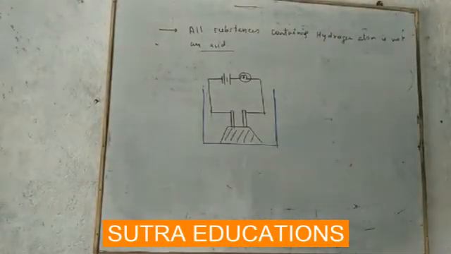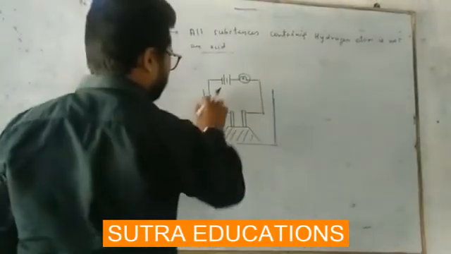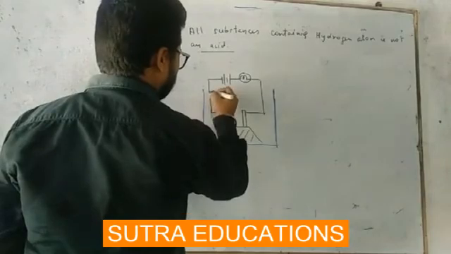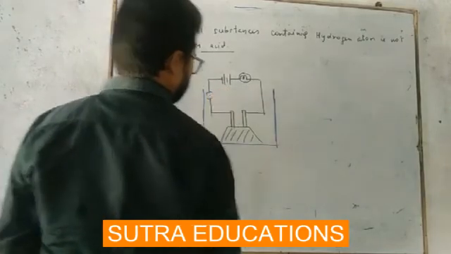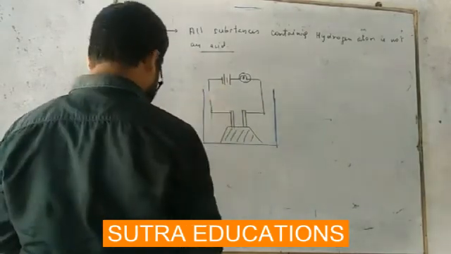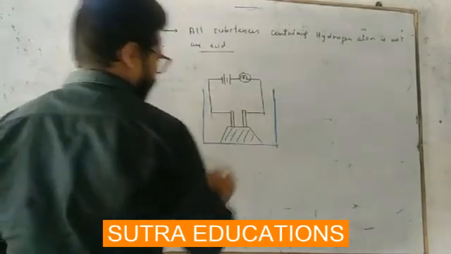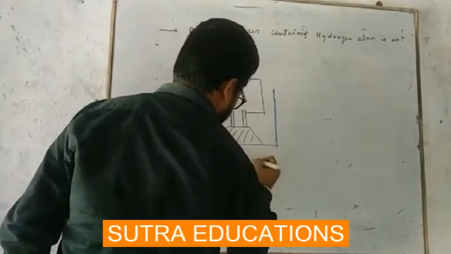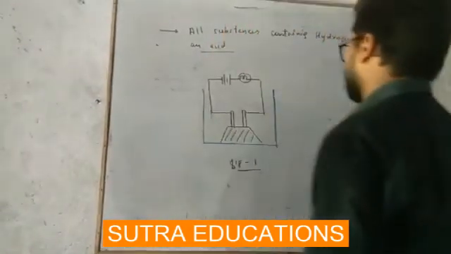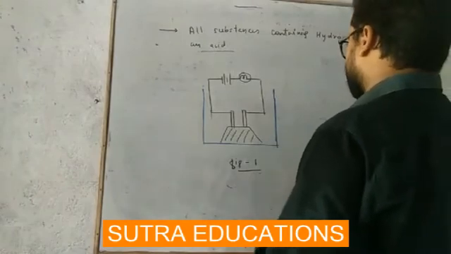Okay, and a battery is connected here. And willingly we can adjust one switch over here. Say one switch is here. Okay, it is figure 1. Same figure I am going to draw here.